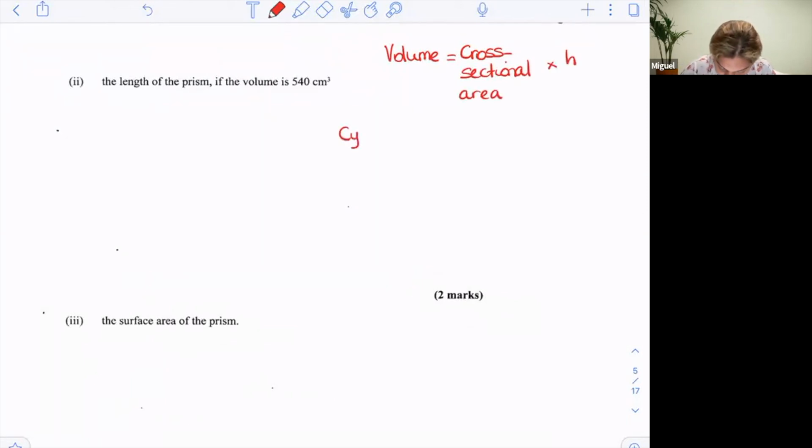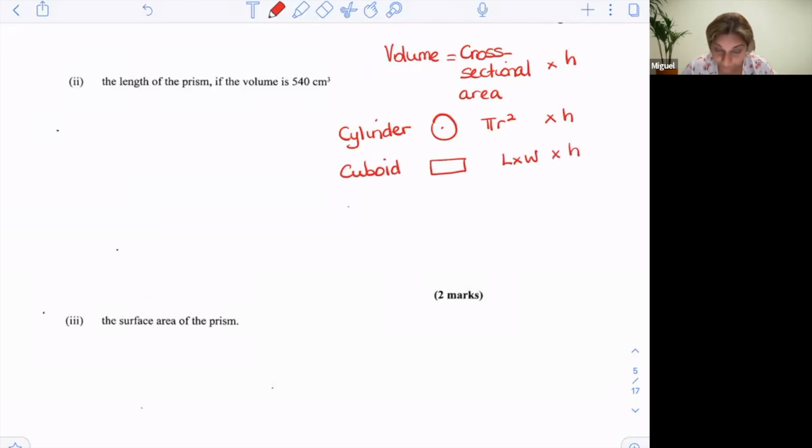For a cylinder, it is a circle. So the cross section is pi r squared by height. For a cuboid, it is a rectangle. So it's length by width by height, right?